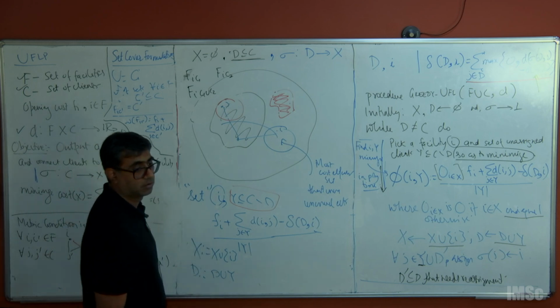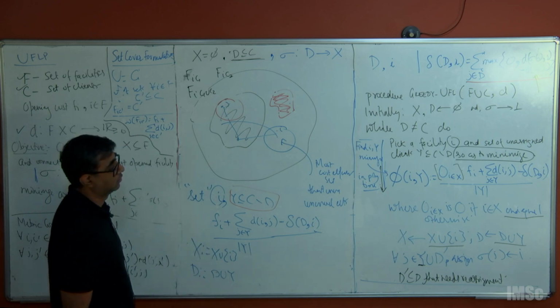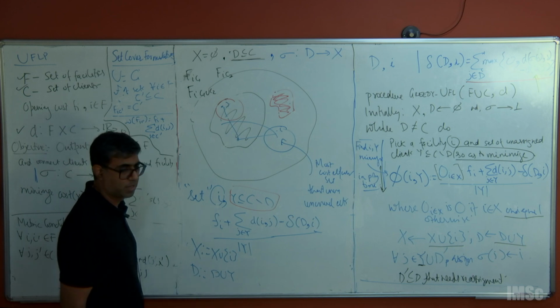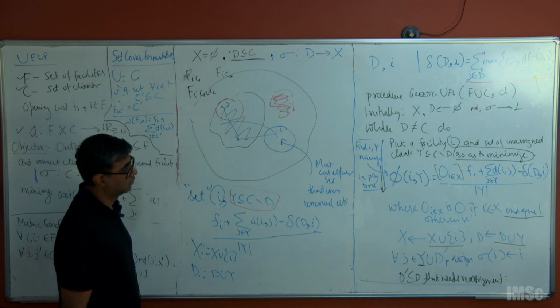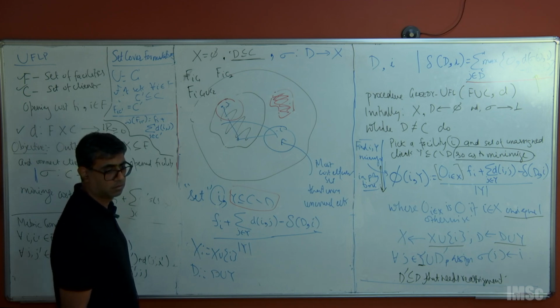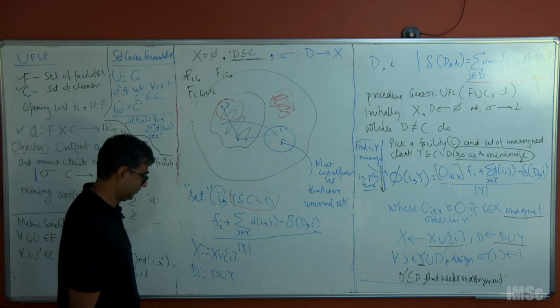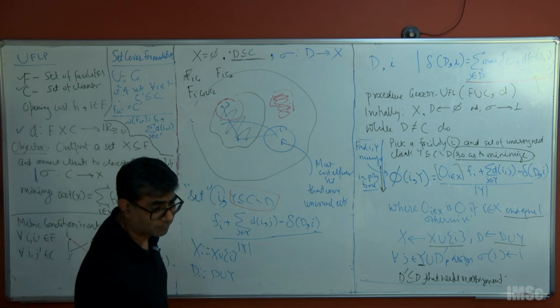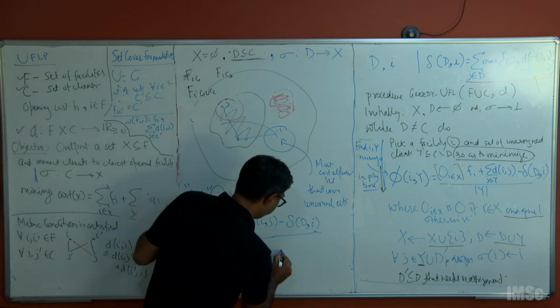Sir, here, why is Y not a singleton set? I have never told you Y cannot be a singleton set. It seems here that Y being a singleton set will be helpful, because every time we are picking one, the next time we can pick it and assign I to it. Imagine I opened one facility.